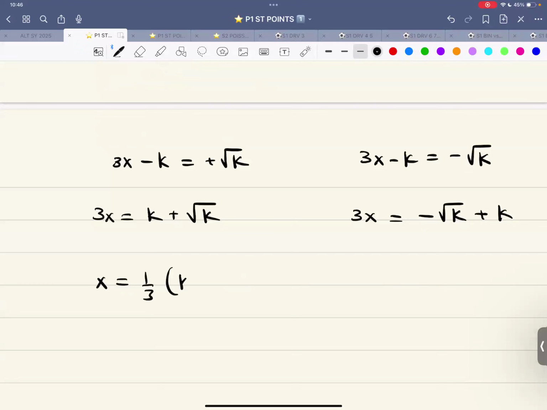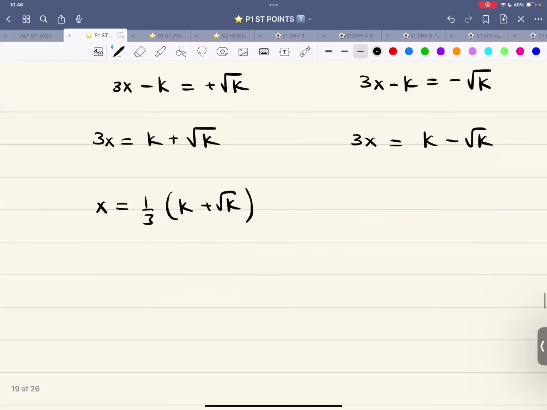That's 1/3 of k plus root k. And let me write it in that same order. This is k minus root k, and x is equals to 1/3 k minus root k.